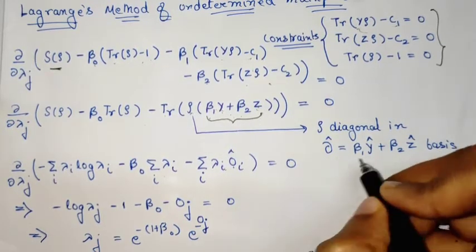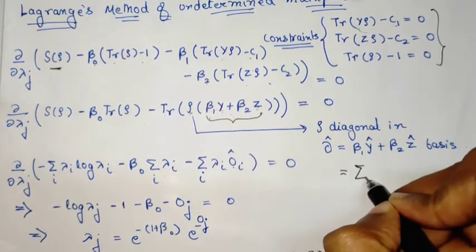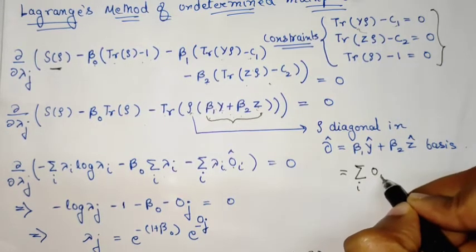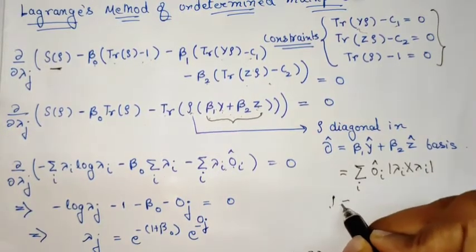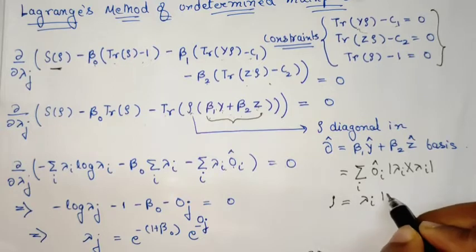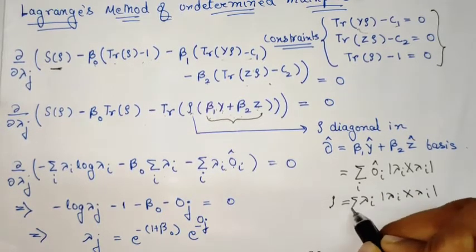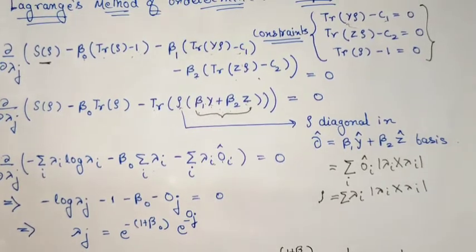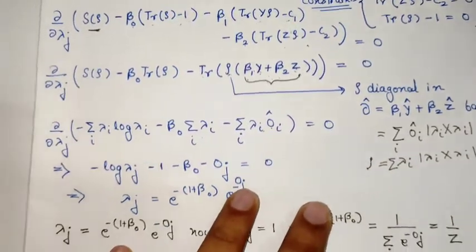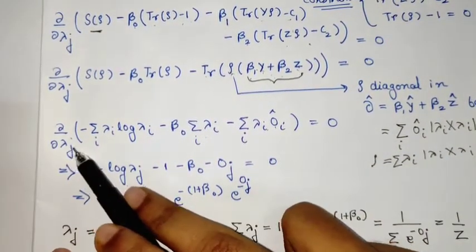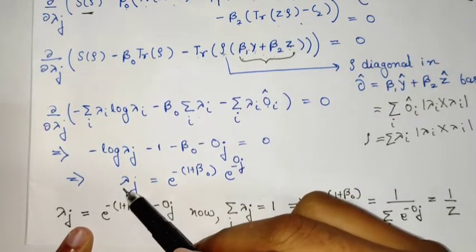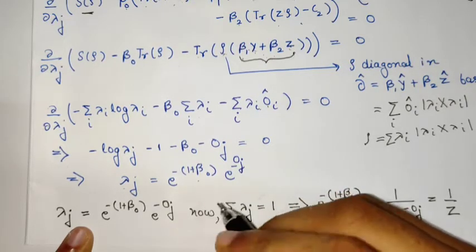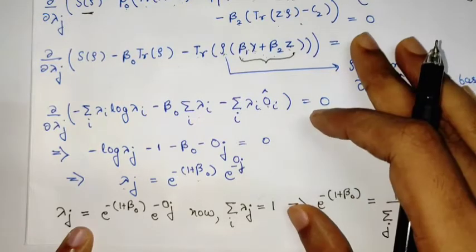This operator can be written as a summation over i of oi times lambda i, and rho can be written as lambda i times lambda i. This is the claim that dephasing operations, or decohering your system, increases the entropy. So we just have to perform this derivative, which is easy, and we will get the values of these eigenvalues for the state that maximizes the von Neumann entropy subject to those conditions.